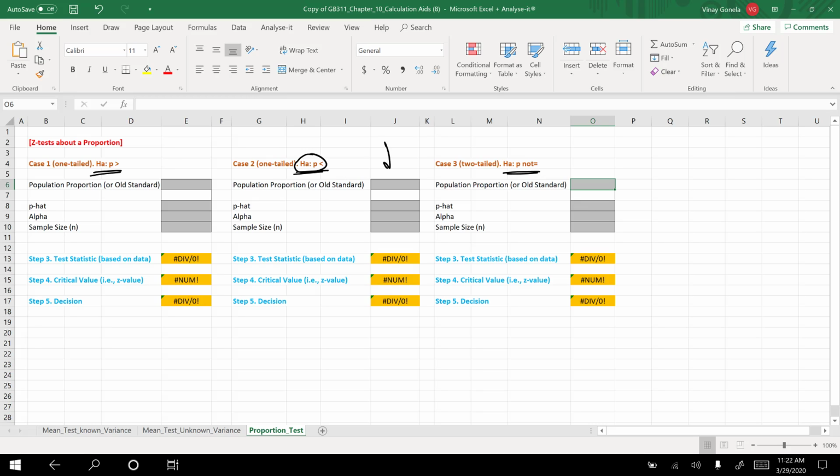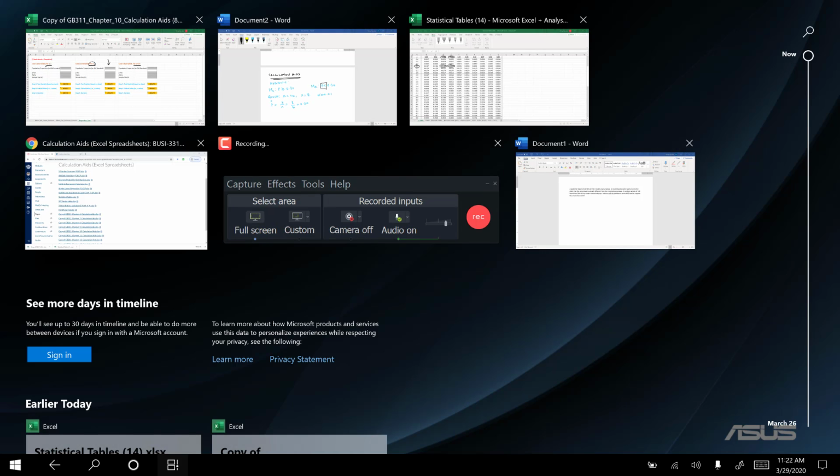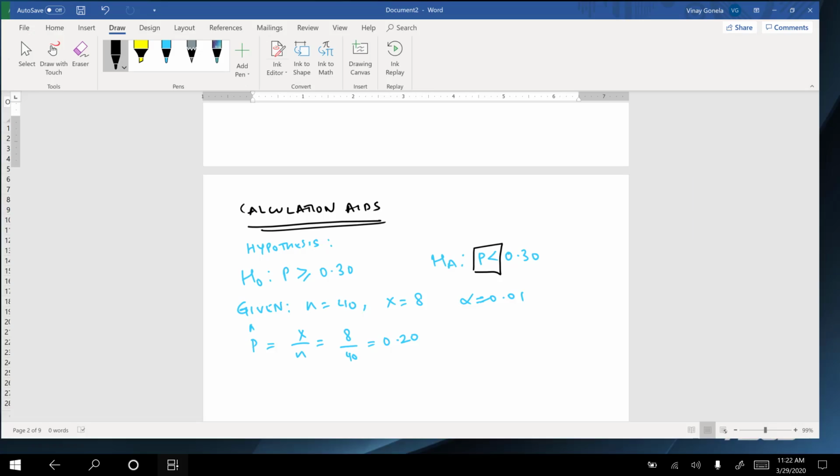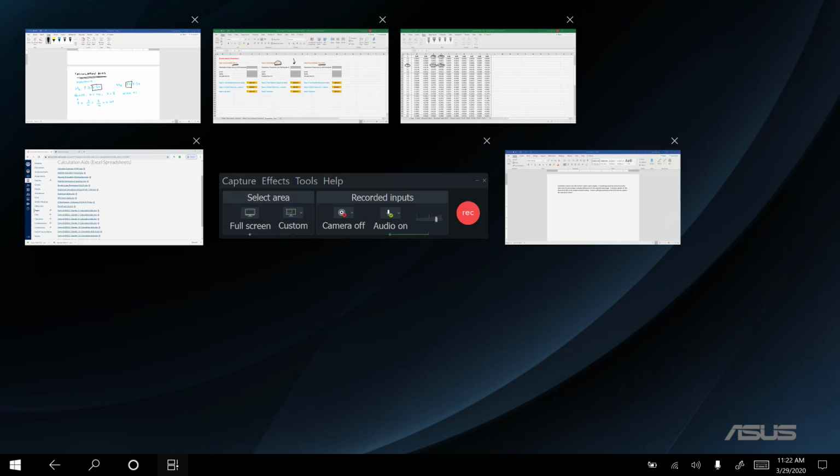I will be using this to key in. So what is our population proportion? The population proportion is 0.30, so I will key in that here.